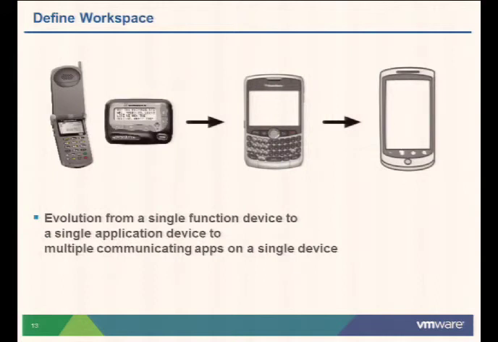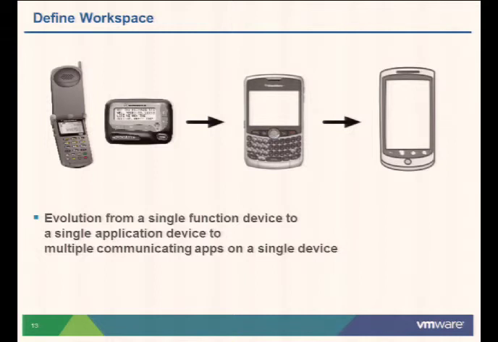So the next thing is to look at Workspace. Originally, mobile devices started out as single function devices. These were very simple, nice little devices that did one thing and did it well, whether that be a messaging device like a pager or a voice communication device like an old-fashioned flip phone. The world evolved from there into single application devices.